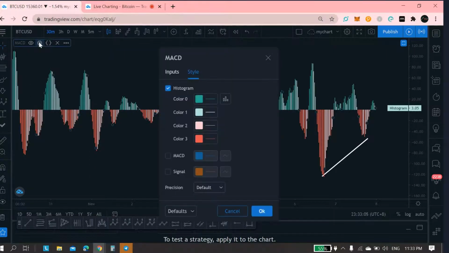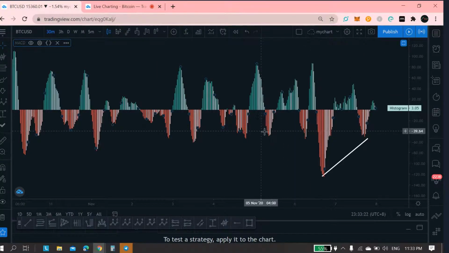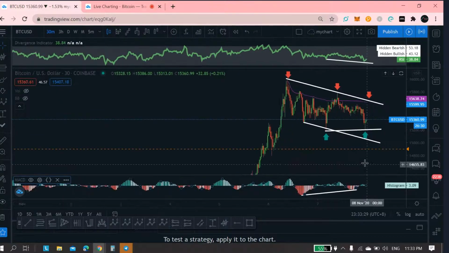However, I hide the MACD and the signal line because I will just use this. What's this? The histogram in spotting the possible long or short.